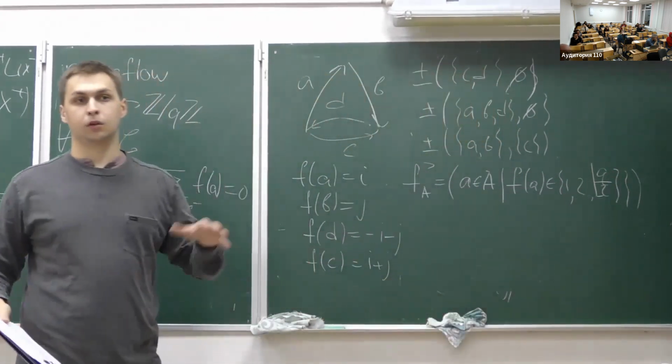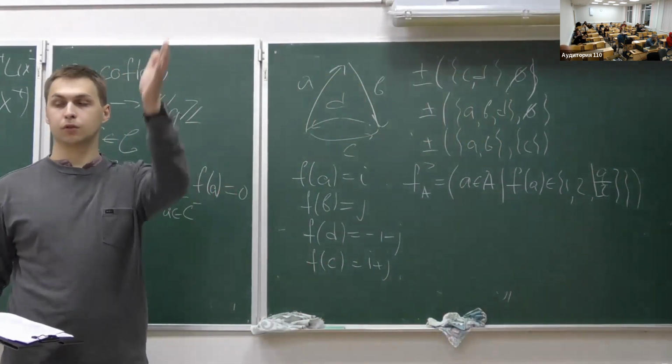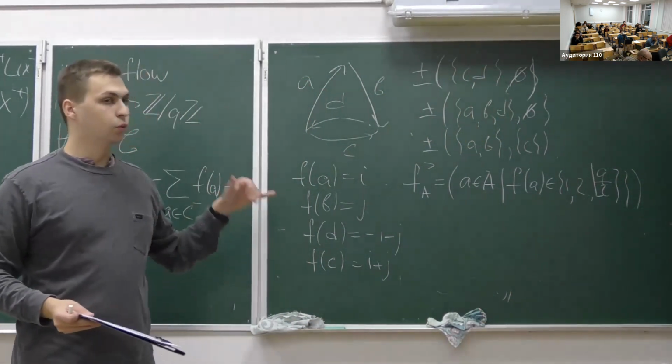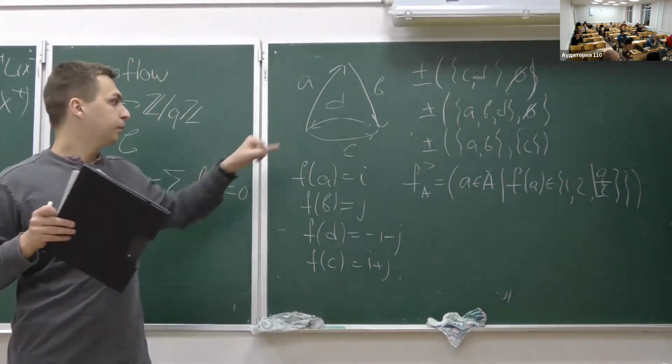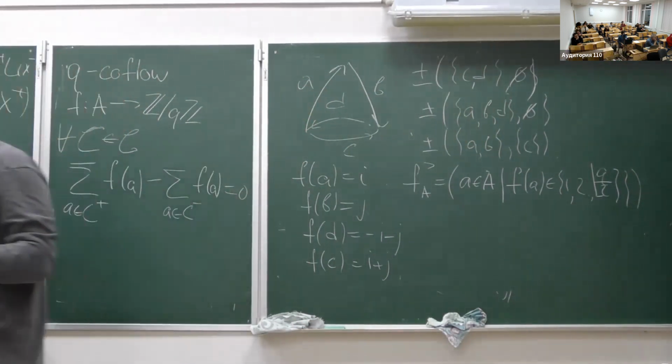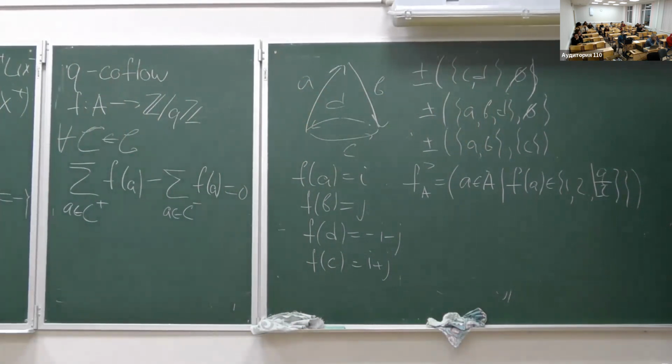So we take always this modulus Q and we take the first half of it. And we count the number of edges where our flow takes these values. Сейчас, а нолик сюда не входит, да? Нолик сюда не входит. Zero.